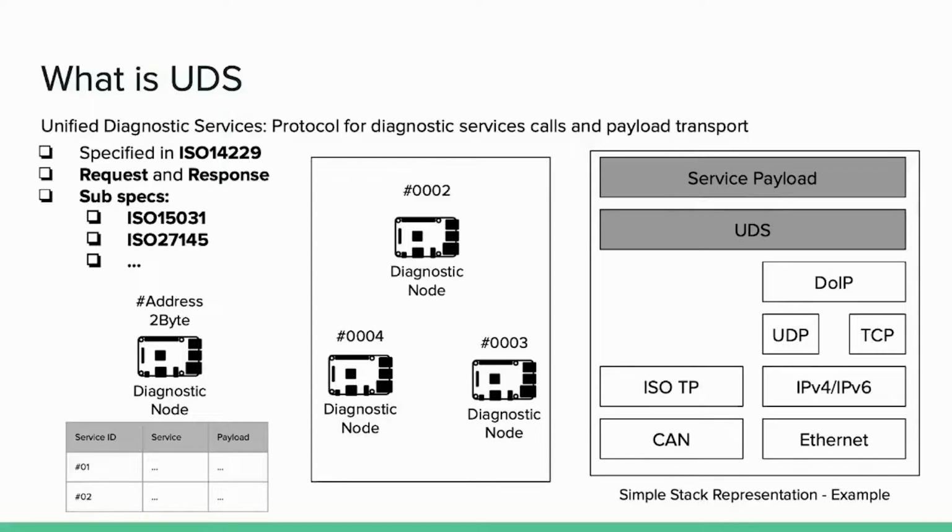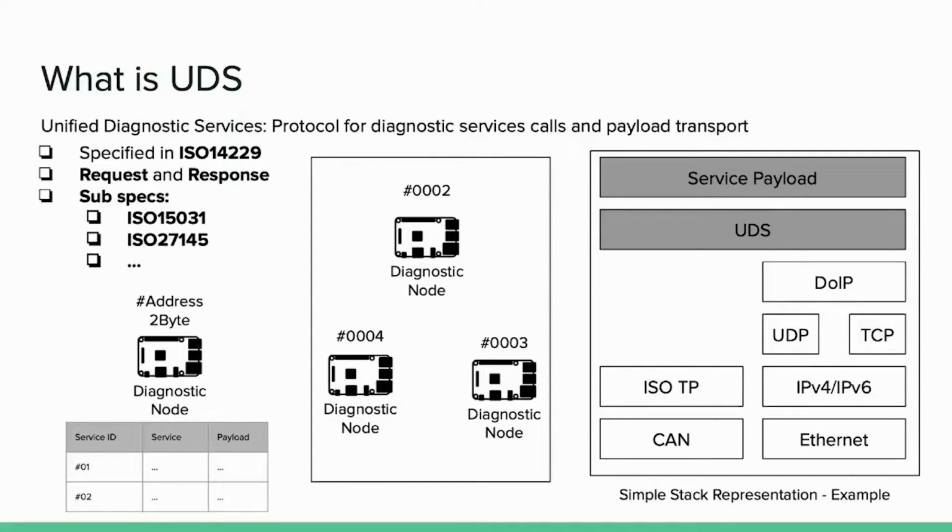It's based on addressing. So to identify a device within the network, you have 2 bytes to address the device. And each device offers what they call a service. So it's like an RPC call, but you make the call not via a name, it's always by a number. So you have 1 byte that addresses the service that you want to trigger.